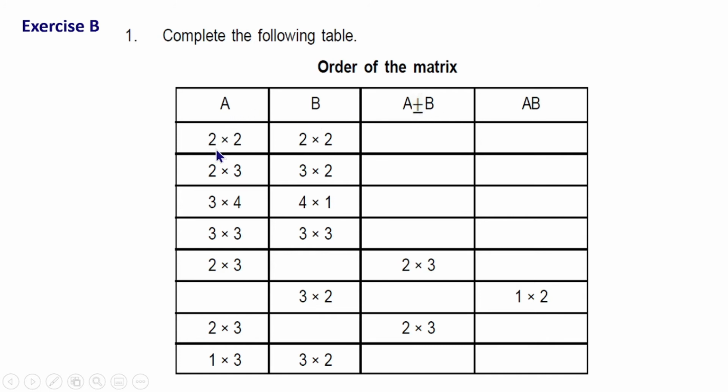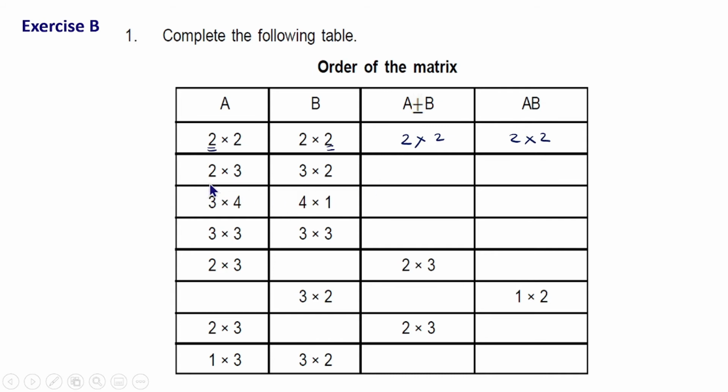So for the first one, the order of A is 2 by 2 and the order of B is 2 by 2. So here again the matrix A plus or minus B will be of the same order, 2 by 2, and for A into B we have to have these many rows and these many columns. So it is again 2 by 2.